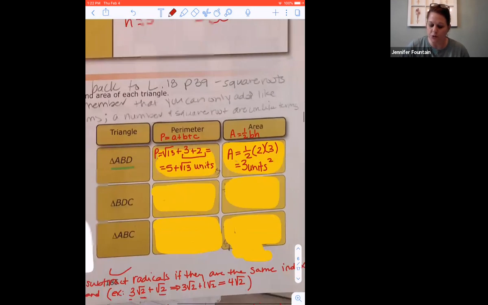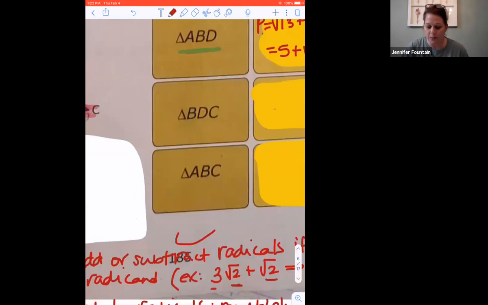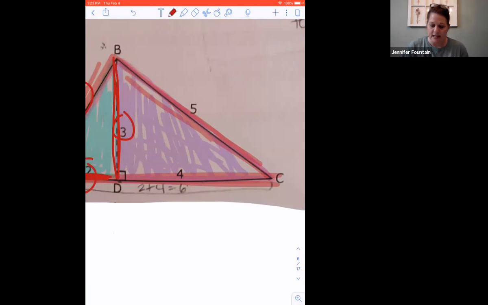All right, next we're going to focus on triangle BDC. We see that BDC is going to be our purple triangle. So again, I've got this side here that's 3, this side that's 5, this side that's 4.